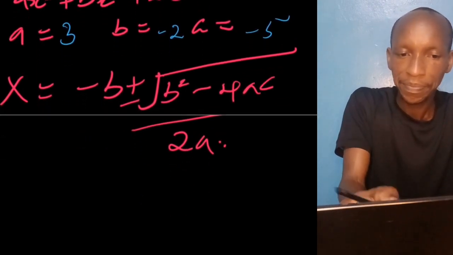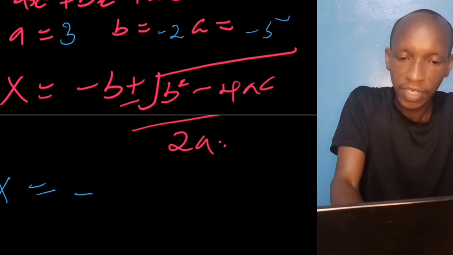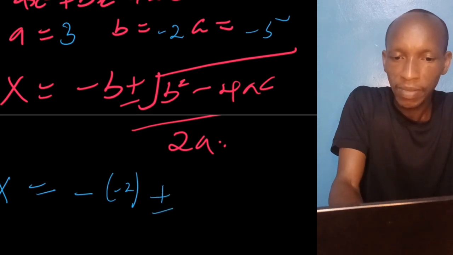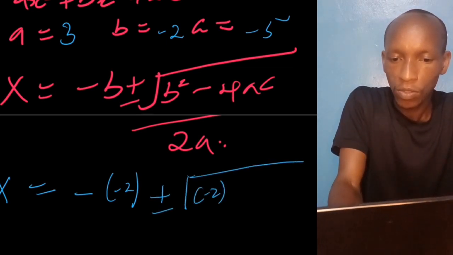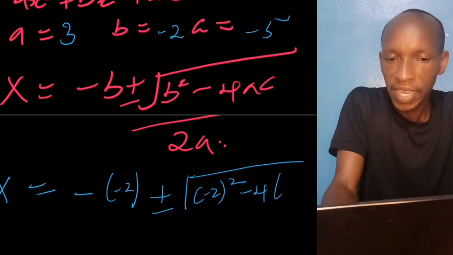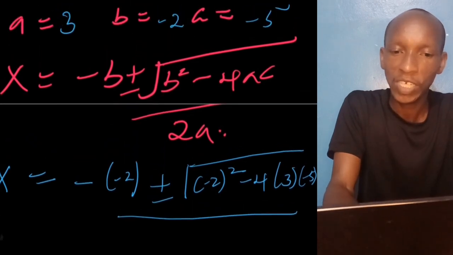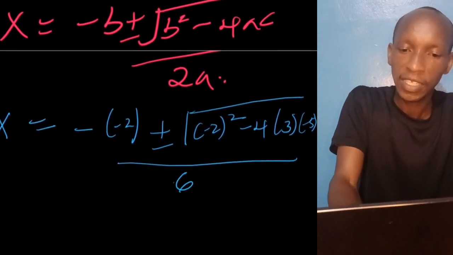We shall have x is equal to negative of negative 2, b is negative 2, plus or minus the square root of negative 2 squared, minus 4 times a, which is 3, times c, our c is negative 5. Everything divided by 2 times a, and a is 3, so 2 times 3 is 6.